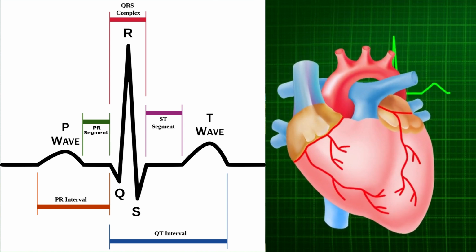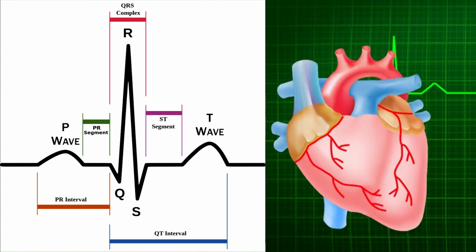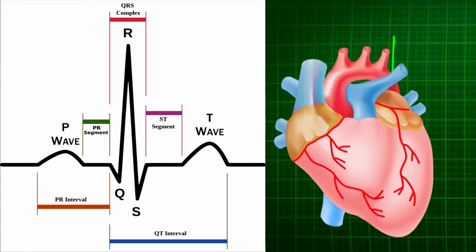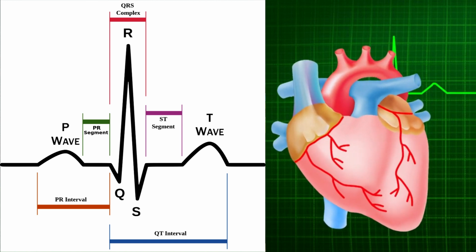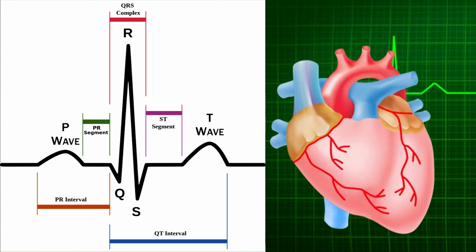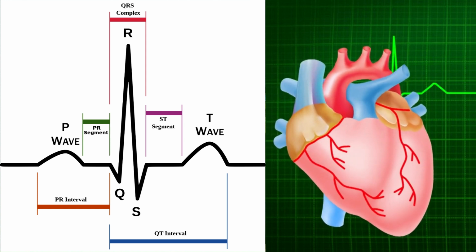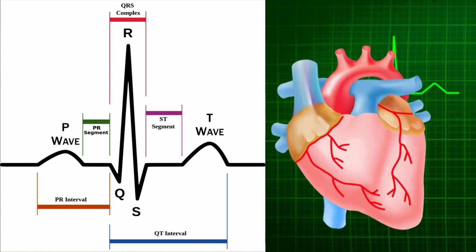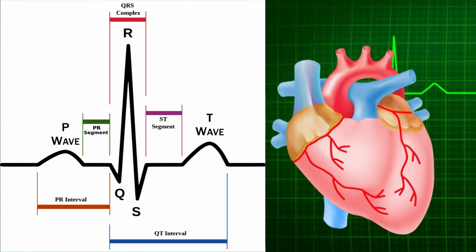After that, we have a QRS complex. It is called QRS complex because usually it consists of several waves, so it's called a QRS wave complex. It represents depolarization and contraction of the ventricles. Obviously, ventricles are bigger, they produce more electricity, so the wave is much bigger than the P wave.